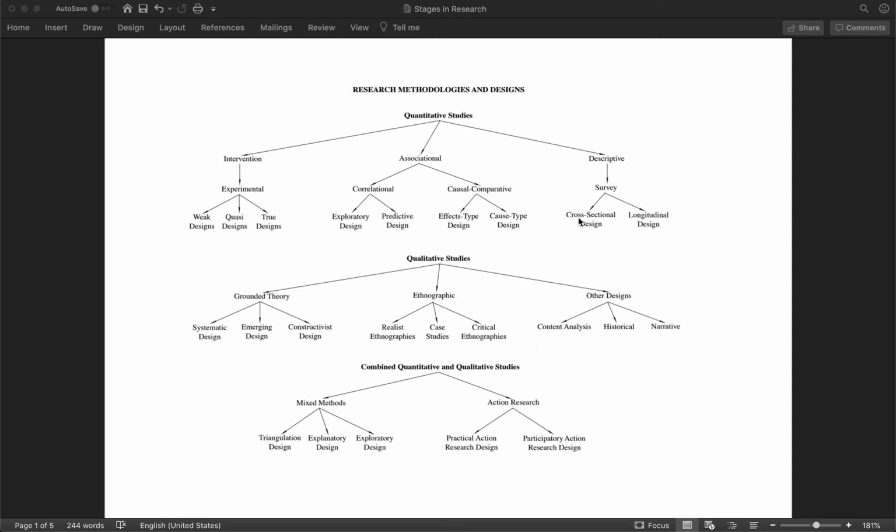Let's say you want to look at a team's performance over a year, right? How much they are performing in terms of the cases that they're closing in a company.